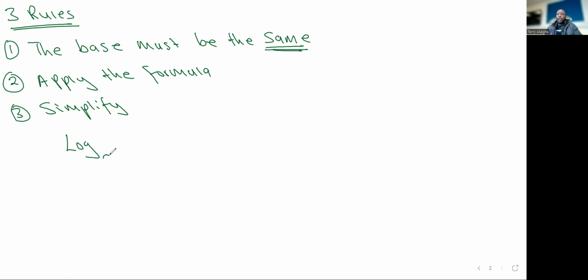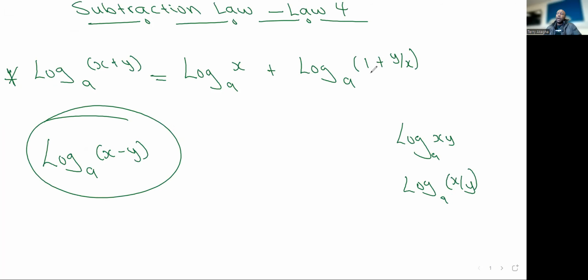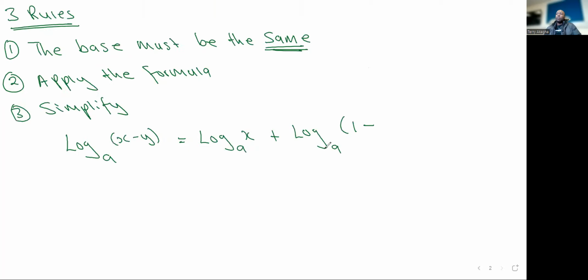So when you have log_a(x - y), it will be equal to log_a x plus log_a(1 - y/x). In the previous video, I told you when you're adding, it's going to be 1 plus, but now it's going to be 1 minus y over x.